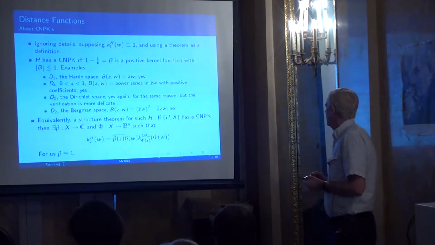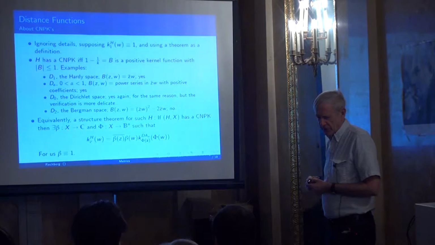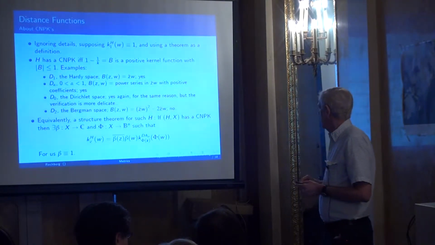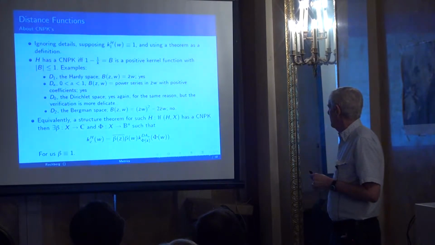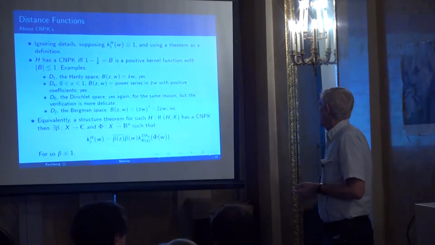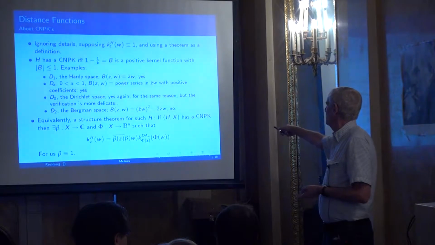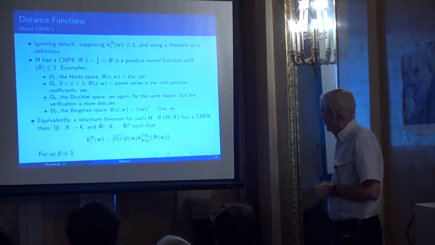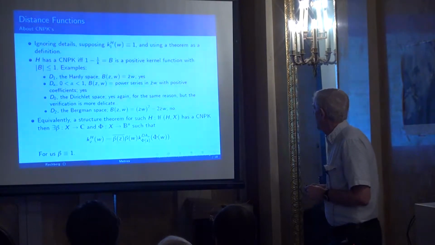Now, I said this is a structure theorem for a certain class of Hilbert spaces. That's completely unfair to the history of the subject and to the importance of that class of spaces, because what I've done is take this theorem and turned it into the definition. We've essentially defined the condition so that this theorem is true.